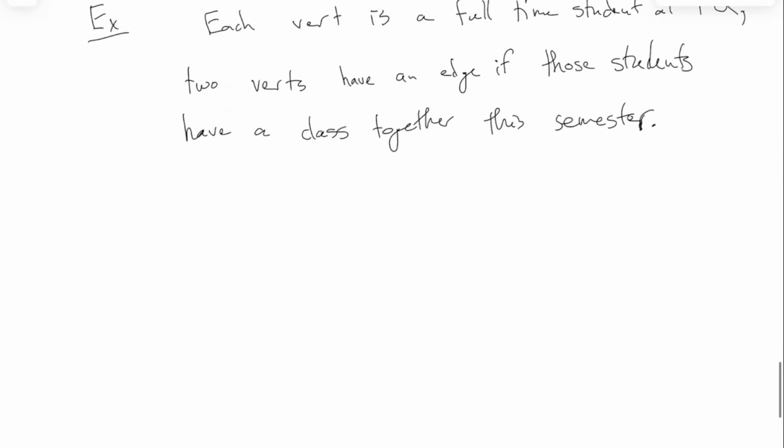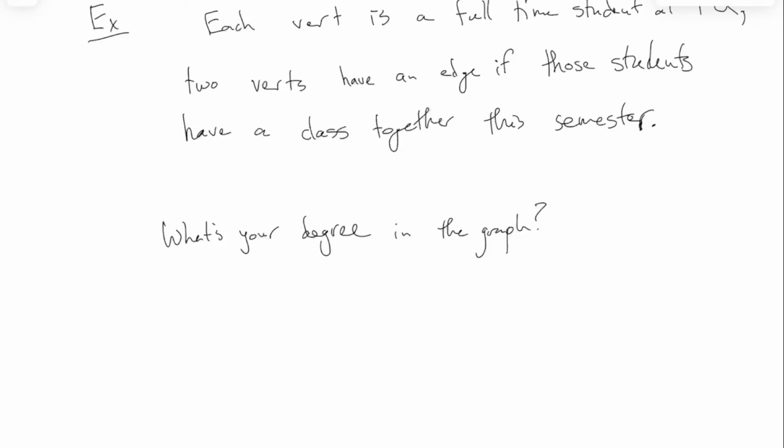I could ask something about the degree. How about, what is your degree in the graph? You as a student are part of this graph. What is your degree in this graph?